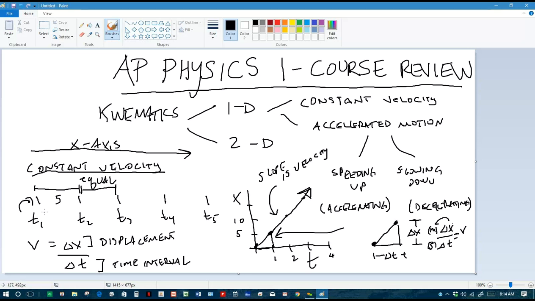And we already said in my picture up here that if t1 was 1 second, t2 was 2 seconds and t3 was 3 seconds, then it's pretty straightforward to see that the car is moving 5 feet per 1 second, right? Move 5 feet, then another 5 feet, and it makes sense when you look at the graph. Each second the position is changing by 5 feet, so therefore the slope is 5 feet per second.